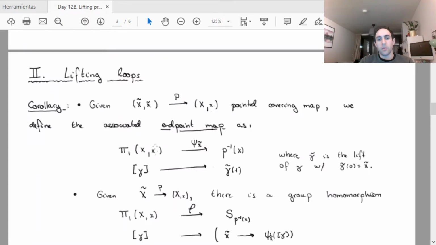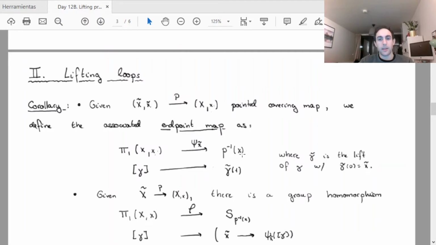So let's look at this pi1 and take a class here, and imagine that this class is mapped to x tilde itself. Then what does it mean? It means that when I take gamma and lift it up, then gamma tilde starts at x tilde because I required this from the beginning, and it also ends at x tilde by assumption.